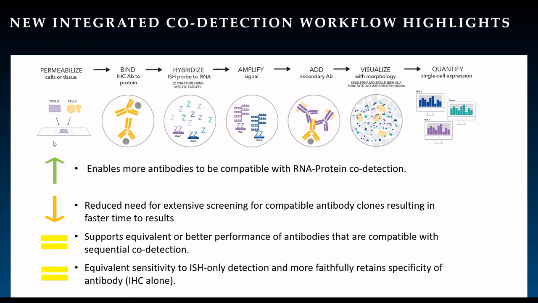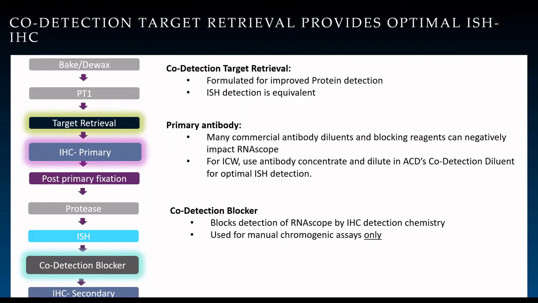So again, you permeabilize your sample, you bind your antibody, followed by which you hybridize with your ISH probes, amplify your ISH probes, then add your secondary and develop both your RNA and protein signals. And we have tested this in-house, and we are confident that researchers will now be able to use their favorite antibody without trying to hunt for a suitable antibody that will work with this workflow.